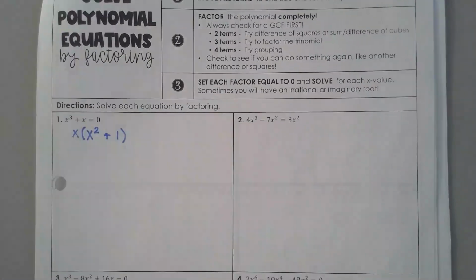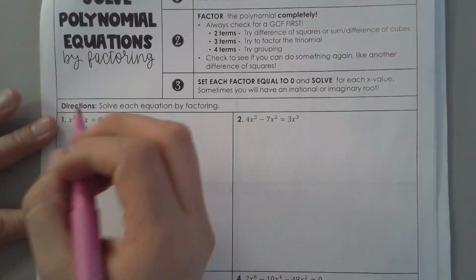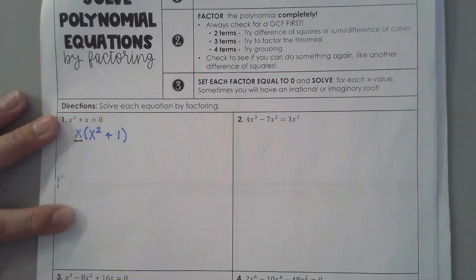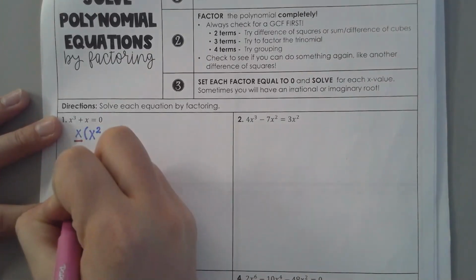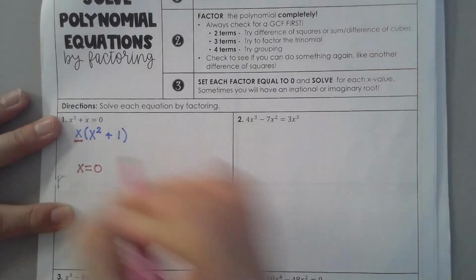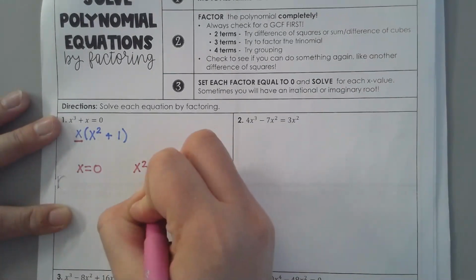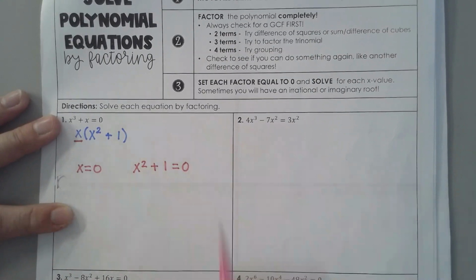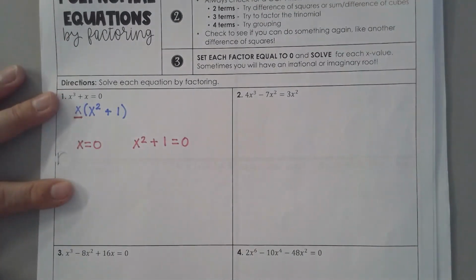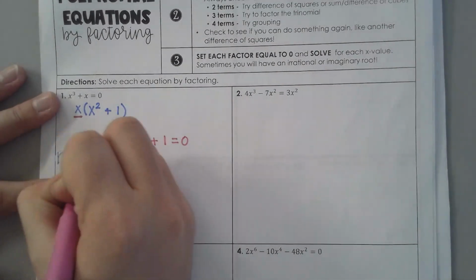So once we factor completely, we take each factor, your GCF, if your GCF has an x in it, that counts as one of your factors, and we set it equal to 0. So we have x equals 0 and x squared plus 1 equals 0. Oh, there's nothing else to do there.